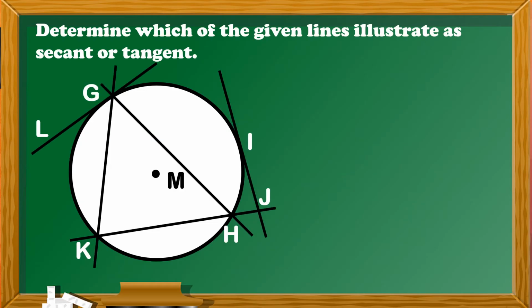Let us consider circle M. We will determine which of the given lines illustrate as secant or tangent. First, we're going to determine the tangent lines.